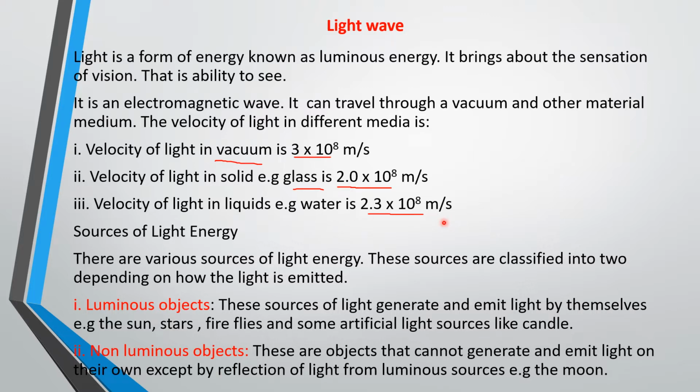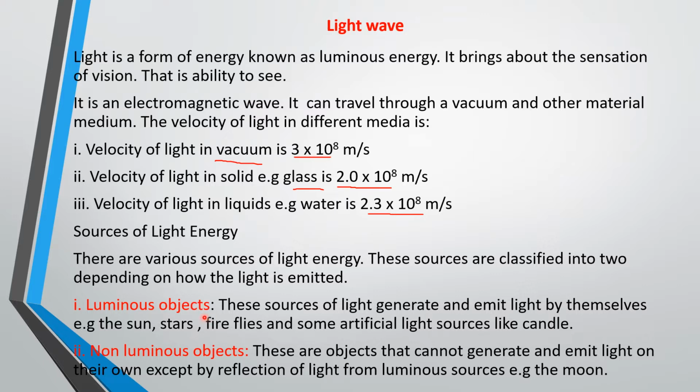Okay, so what are some of the sources of light? Different sources can produce light, but mostly the sources of light are classified into two, depending on how the light is emitted. One of them is luminous objects. When you say luminous, it means that the object can bring out light. Like in the night, fireflies, or your sun, the stars, they can produce their own light.